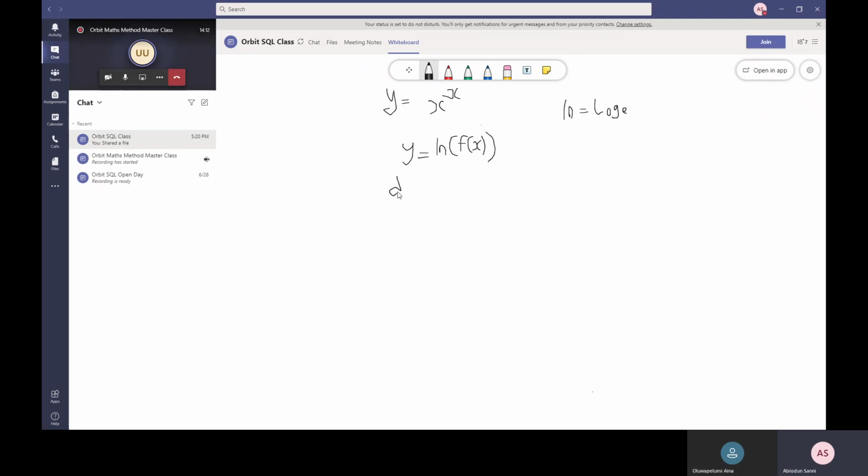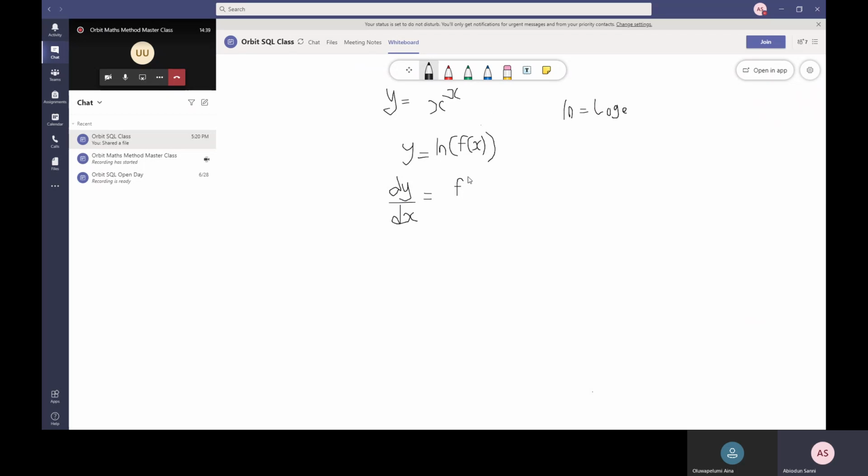So dy/dx, which is the derivative, will now equal, if you want to differentiate a ln function, first differentiate what is inside the ln. What is inside the ln? f of x. When we differentiate f of x, we call it f prime of x.